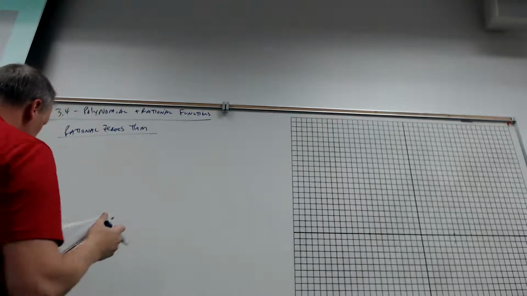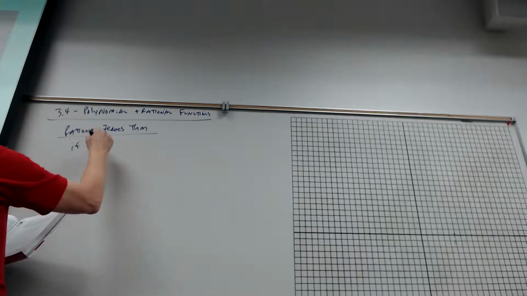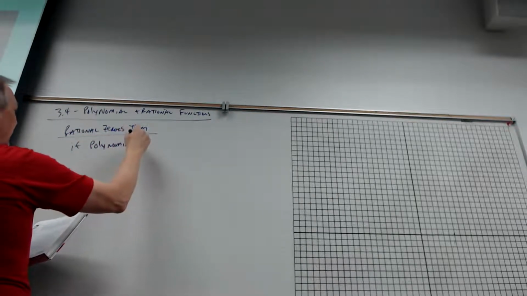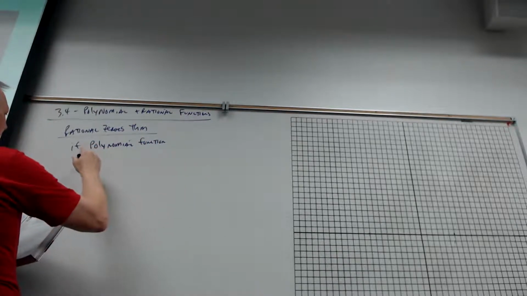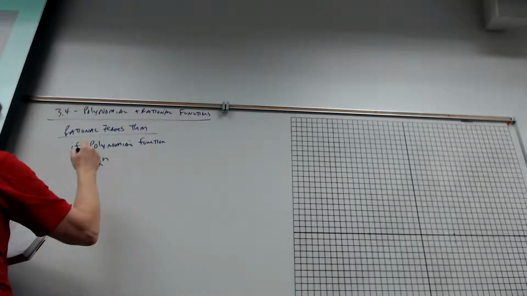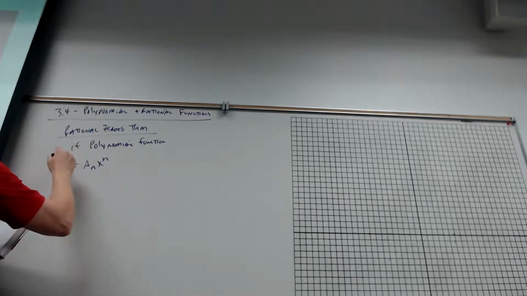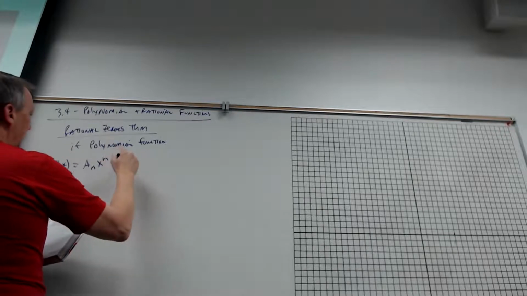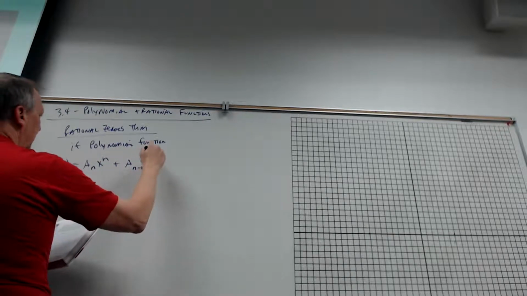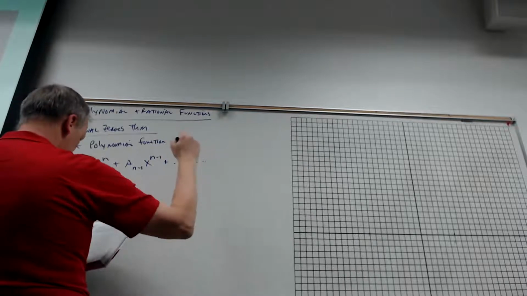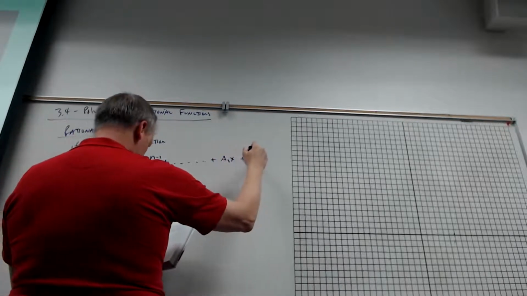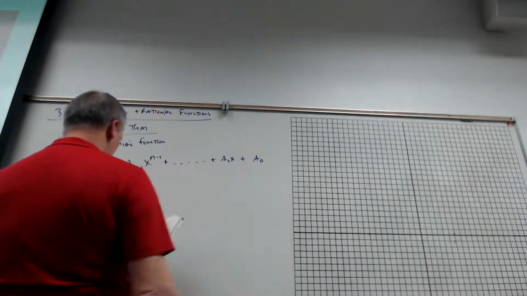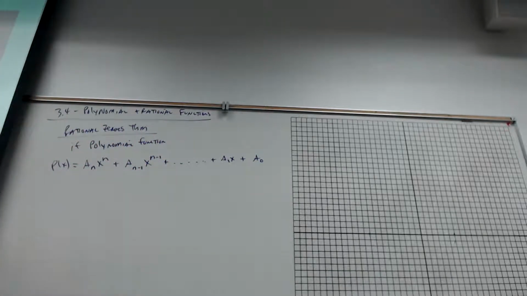So, if the polynomial function, and when we get into the stuff here, a sub n x to the n, equals p of x, plus a sub n minus 1 x to the n minus 1, plus, until you get all the way down to a1x plus a sub 0. What does the dot stand for? Everything in between. Oh. Okay?